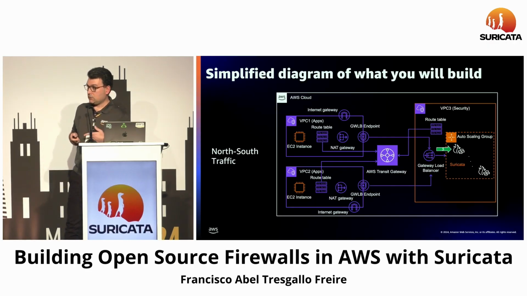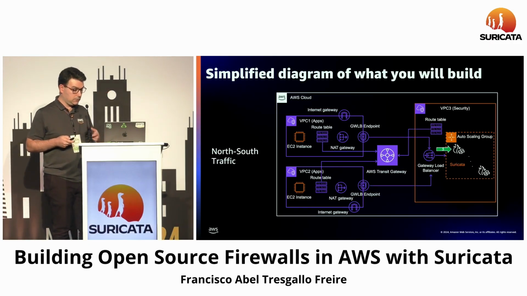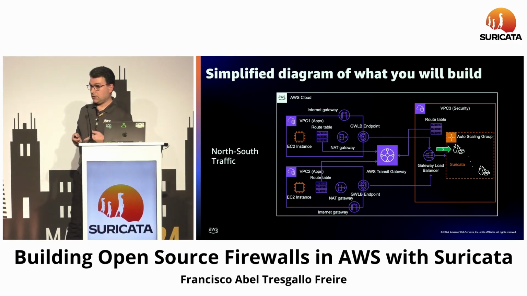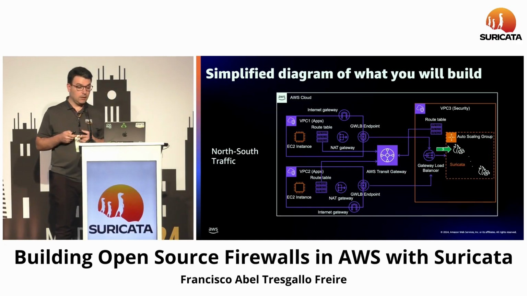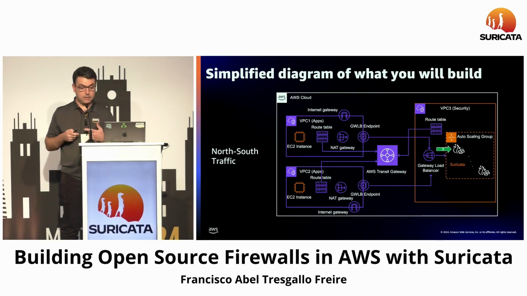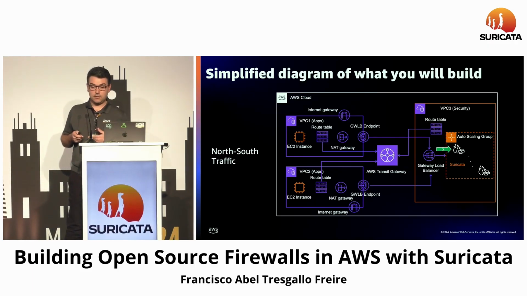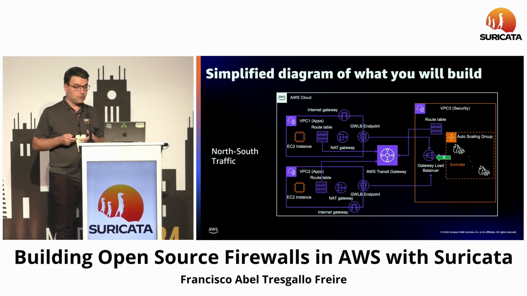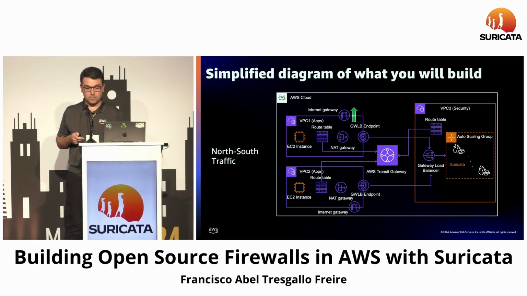The Gateway Load Balancer is going to apply a hash algorithm in order to apply stickiness to the session and ensure that there is statefulness there, meaning that the same traffic flow is going to be analyzed by the same Suricata instance in this case. Hopefully, after an analysis, the packet could be allowed. So it's going to progress back into the original VPC and move forward to the internet through the internet gateway in this case.